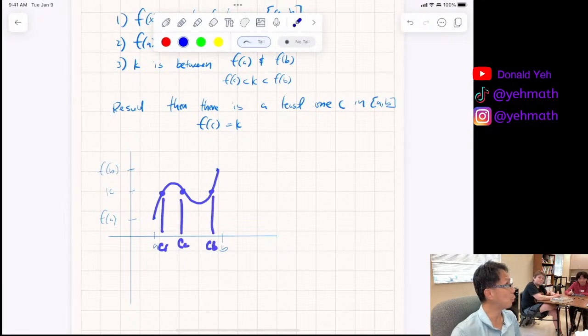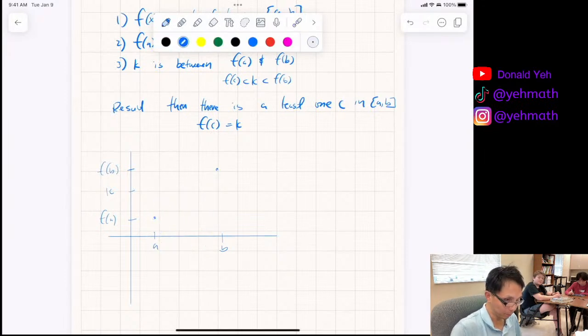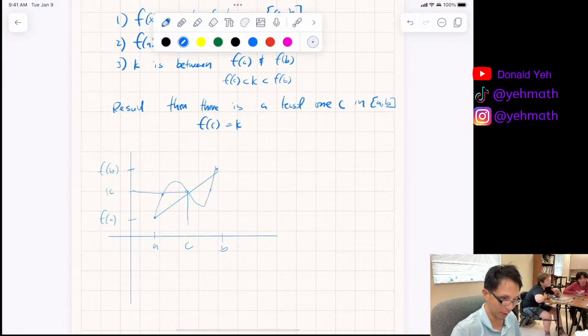So you can have more than one C. Therefore, the simplest one just goes in a straight line, and that's a continuous function. At the minimum, this must go through the C here. Or you can have something like this. It must have a C here, C here, and C here. You could have 3 times occur.